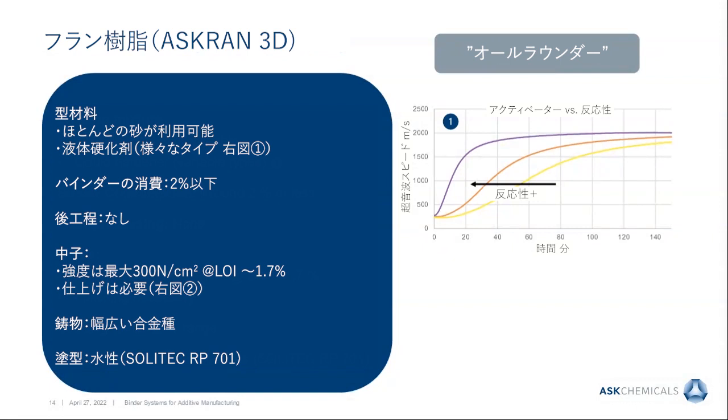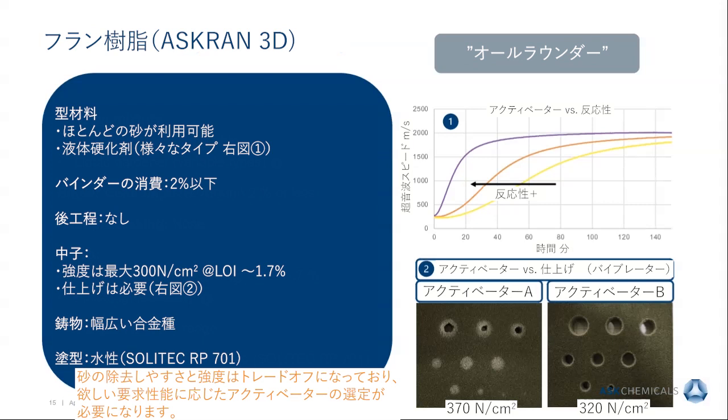But for Ascoran 3D printed parts, there is the necessity for finishing the parts. So there are sand adhesions on the parts which have to be removed mechanically. This effect can also be steered by using suitable activators. So the image on the lower left shows two different activators and a sample which was then descended simply by vibration.